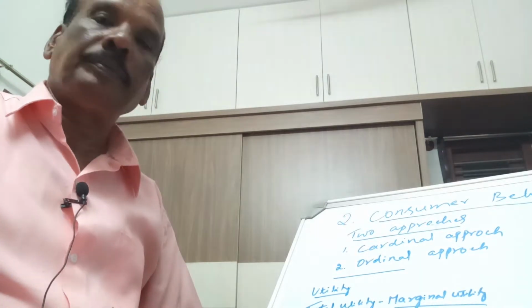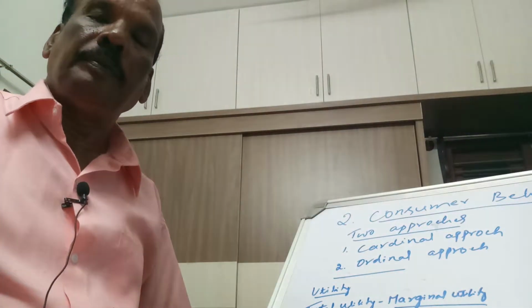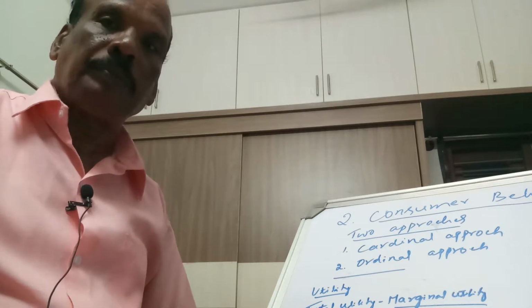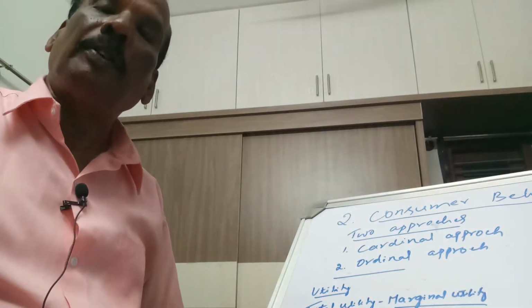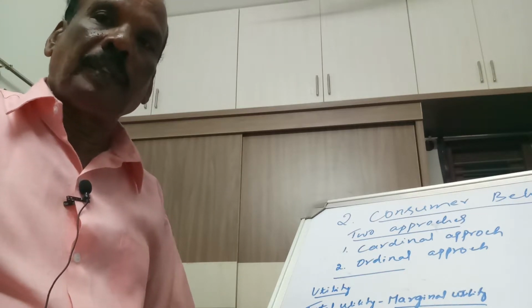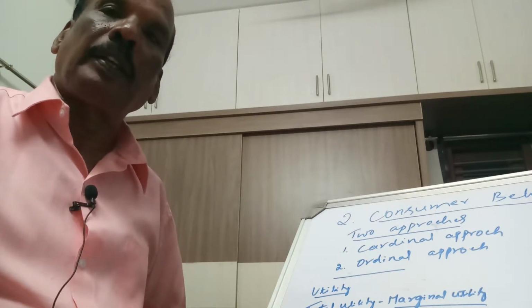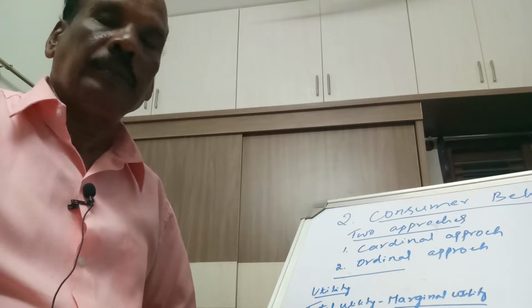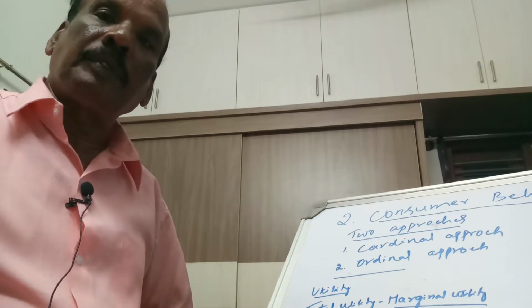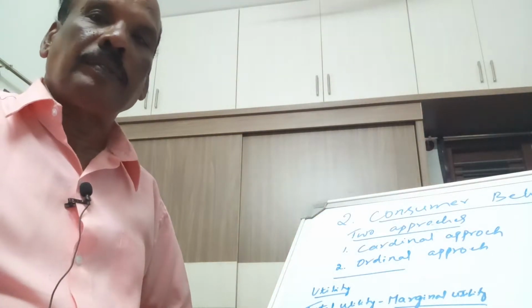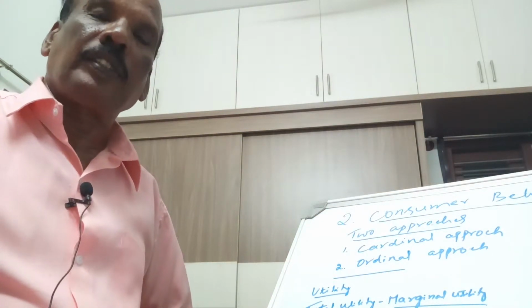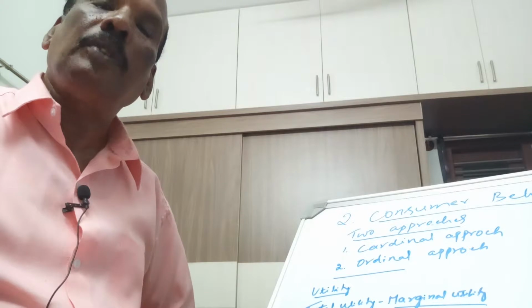This approach is also called the Hicksian approach because it was developed by a great professor, Professor J.R. Hicks, and R.G.D. Allen. And this analysis is called indifference curve analysis.